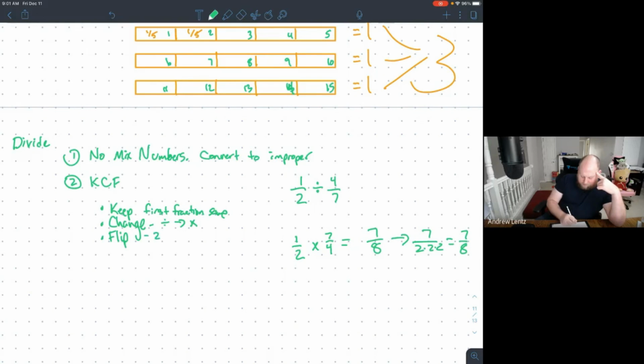Flip second fraction using reciprocal. Okay? That's how it works. It works on the foundation that reciprocals allow you to change multiplication and division.